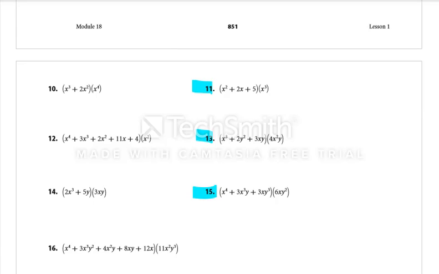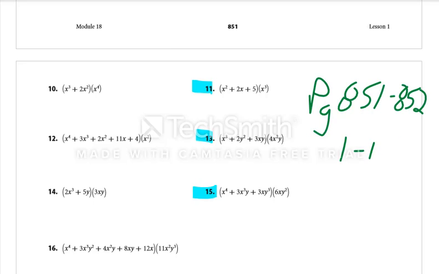All right, so page 851 to 852. One through 15 odds.